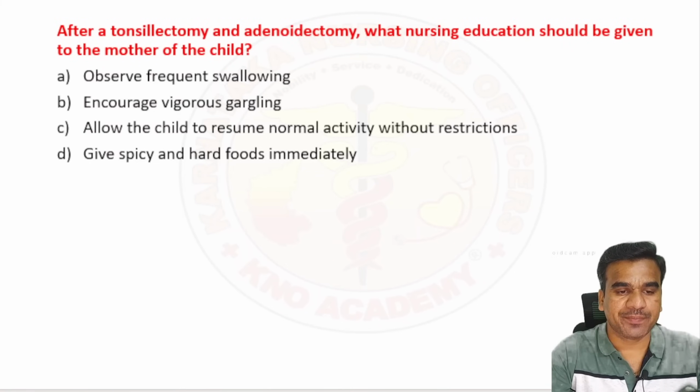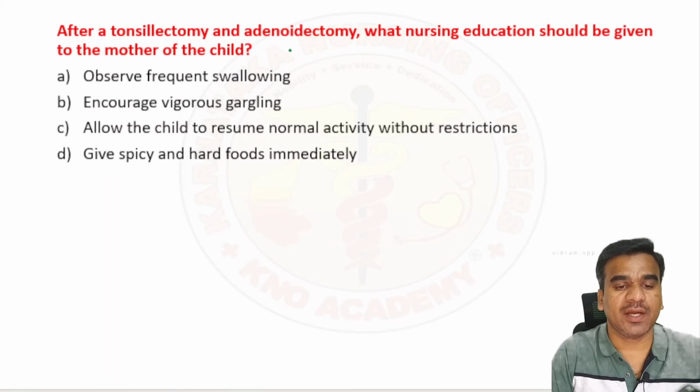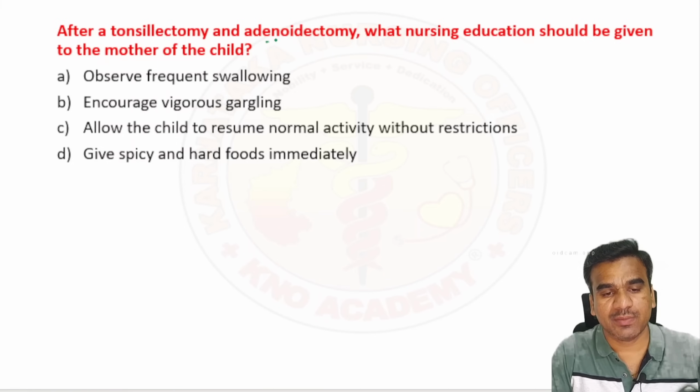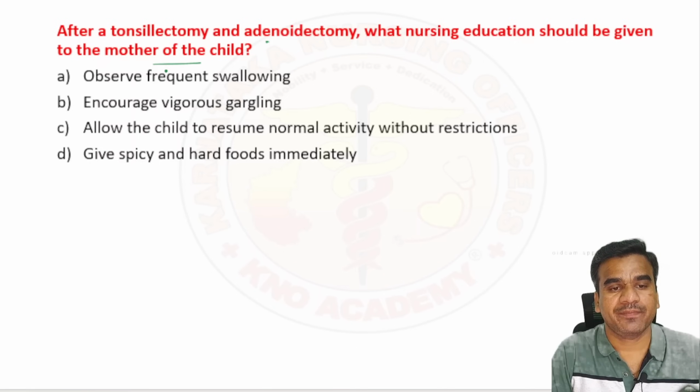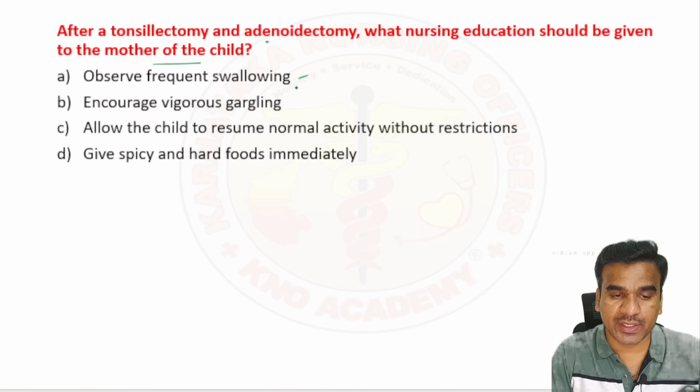The next question: after a tonsillectomy and adenoidectomy, what nursing education should be given to the mother of the child? Observe frequent swallowing. Encourage vigorous gargling. Allow the child to resume normal activity without restrictions. Give spicy and hard foods.